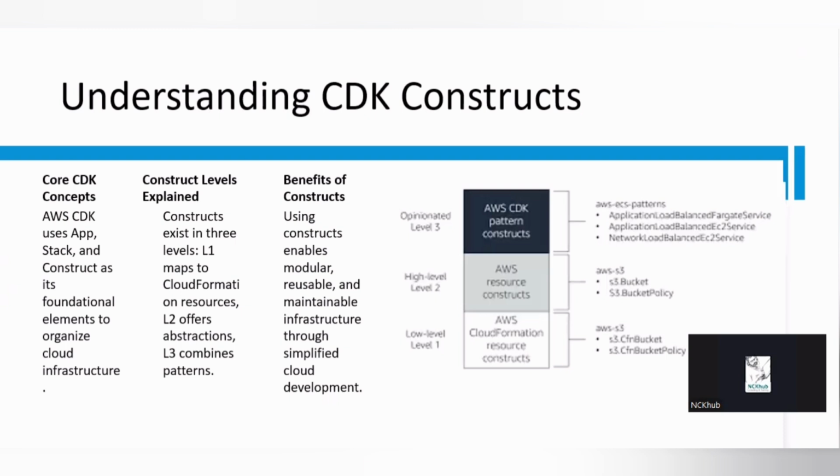Under these constructs, we have three levels, as I said. L1 maps into CloudFormation. L2 works as abstractions with defaults. L3 combines patterns or multiple services. So if you can remember: L1 CloudFormation, L2 abstracts constructs with defaults, L3 multiple services or combined patterns.